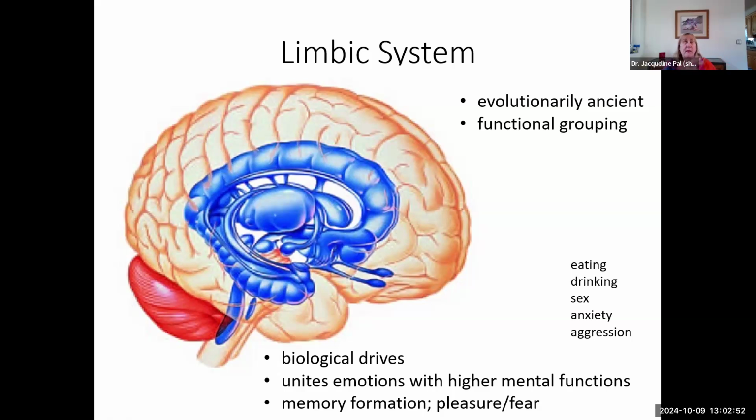So when you smell chocolate chip cookies and you feel good, or that glow that some people might get after sex, or like when you're sad and you eat the pint of Haagen-Dazs ice cream because it makes you not feel as depressed. I didn't say it makes you feel good. But that's your limbic system at work.